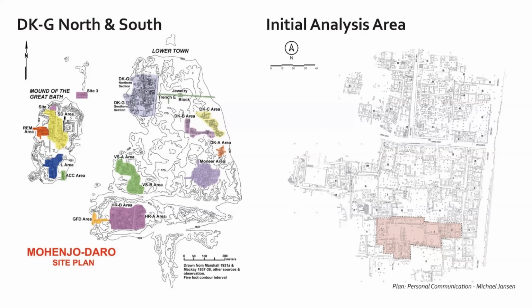Given the arable nature of the land, there's robust agriculture that developed in association with an extensive network of canals. Excavations at Mohenjo-daro document hundreds of dwelling houses and large buildings constructed along streets and lanes, and you can see some of these on the slide here. The streets and lanes are oriented towards cardinal points, which index an architectural sophistication of a well-planned city.